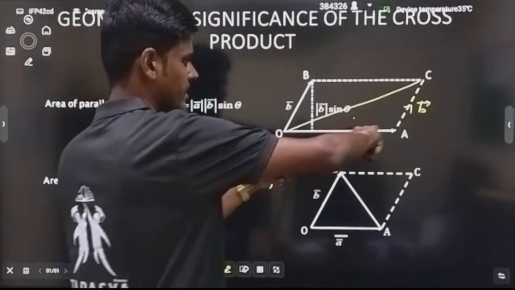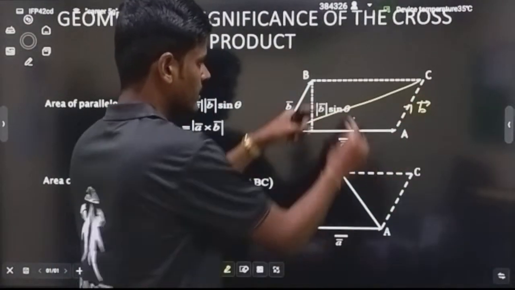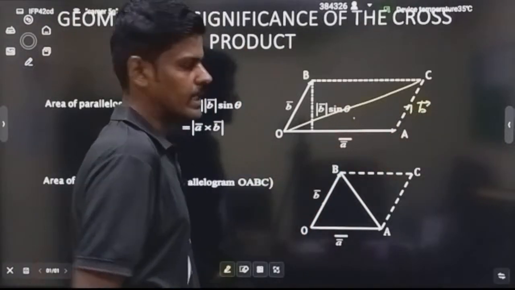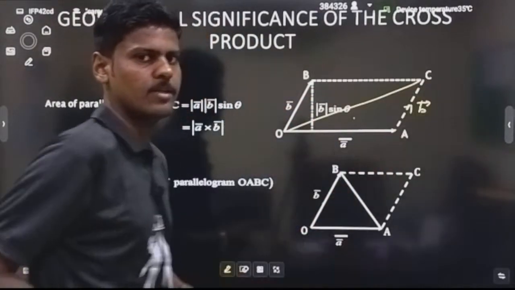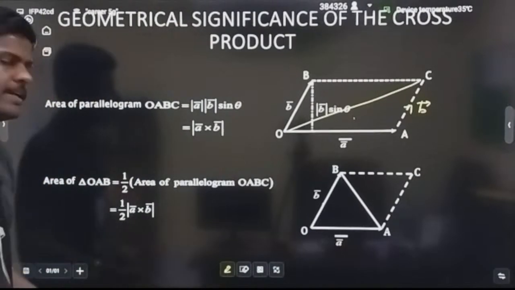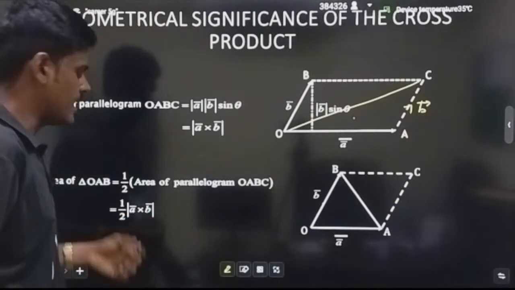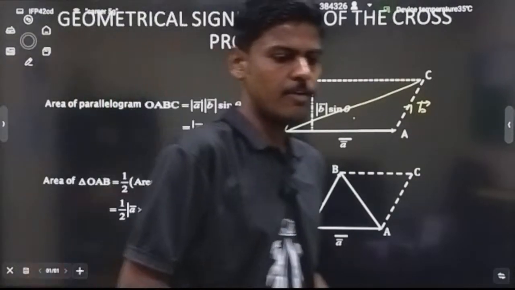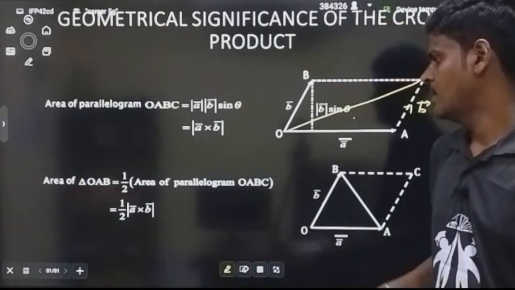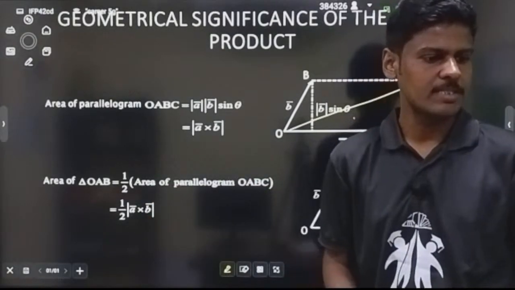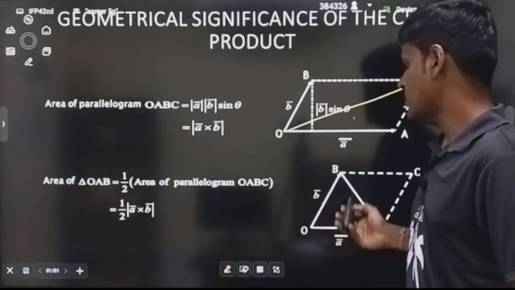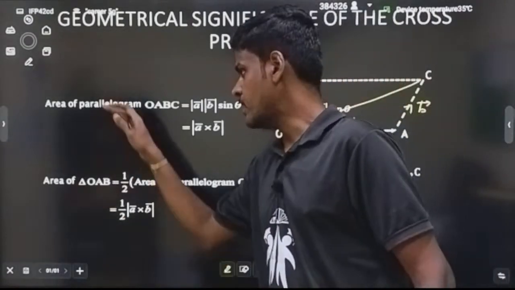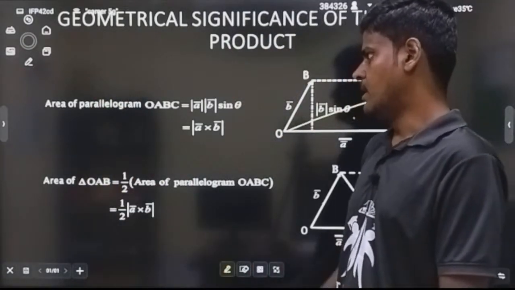So when we take modulus of a cross b, as this is the area of parallelogram, the area of triangle will be half of the area of parallelogram. Clear now, students? This is how we find the area of parallelogram as well as the area of triangle.